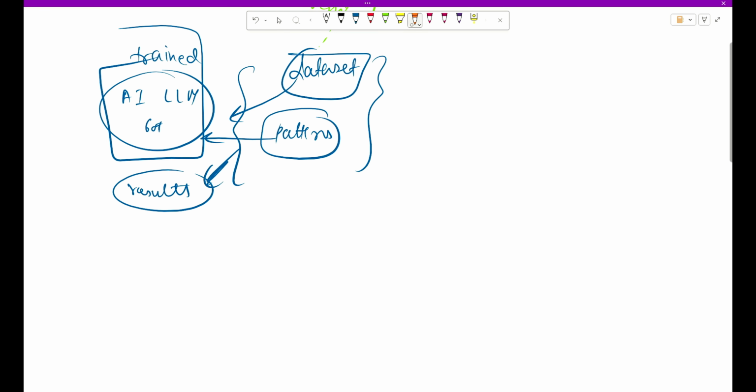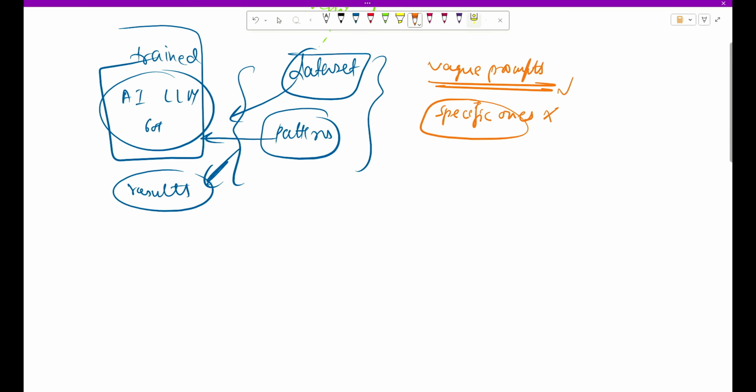Now the issue you'll get is if you give vague prompts rather than specific ones. If you give vague prompts rather than specific ones, you are going to confuse the AI. The AI will get confused and will hallucinate.